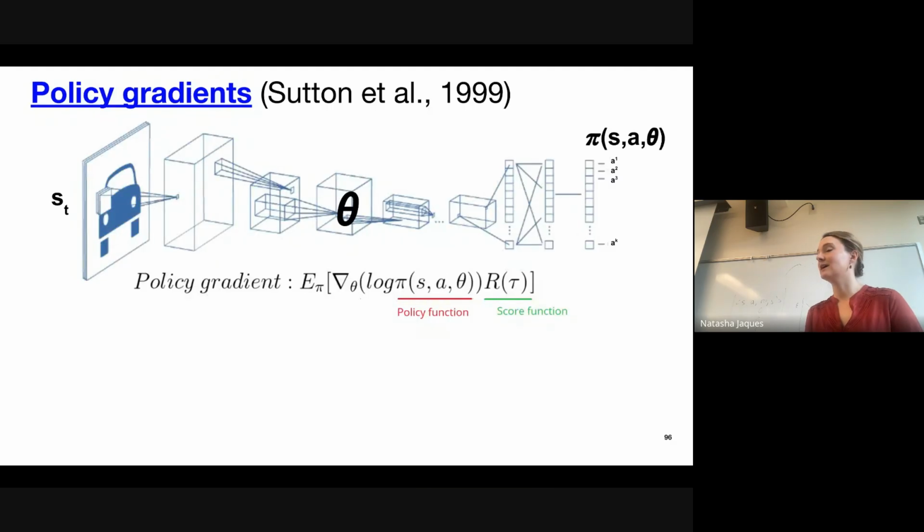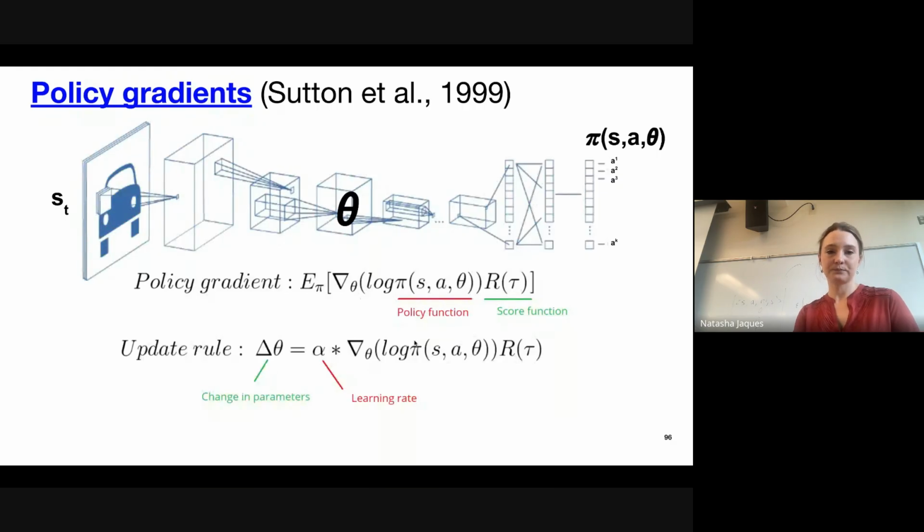How good was it? If this is good, probability goes up. If this is bad, probability goes down. You're assuming you normalize the reward. Essentially, you're upweighting those things that happen to work empirically and downweighting those things that didn't.